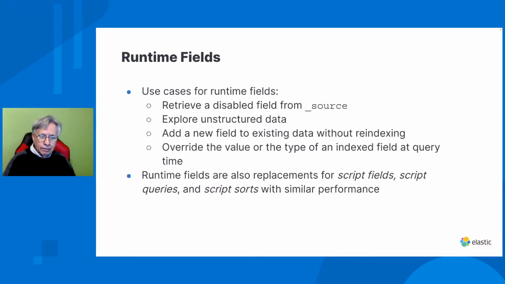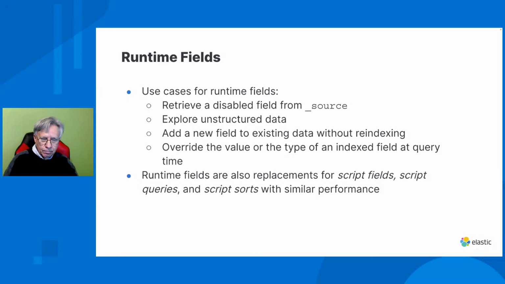Well, you can actually use a runtime field to layer on top of the real field and override the value and even the type. Now, all of these have trade-offs. Sometimes there are consequences that you might not intend, so hopefully I will take you through some of that. Now, you may be aware of older technologies like script fields, script queries or filters, and script sorts.